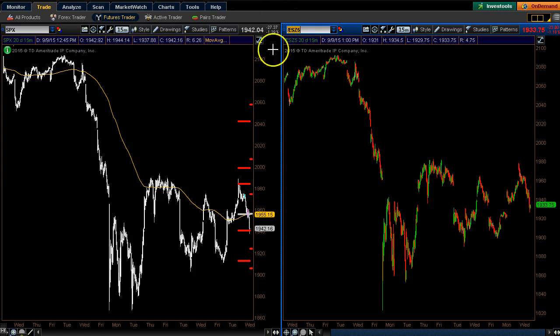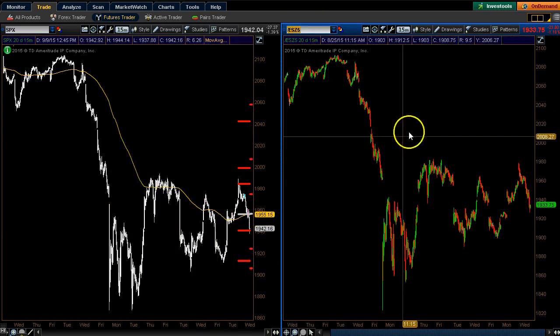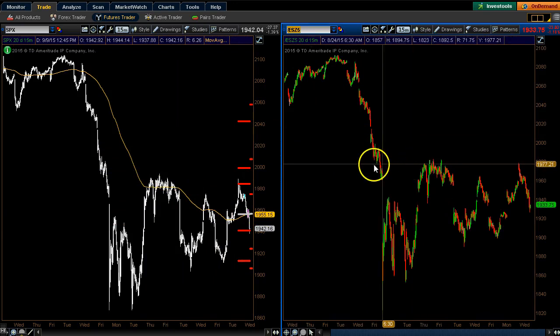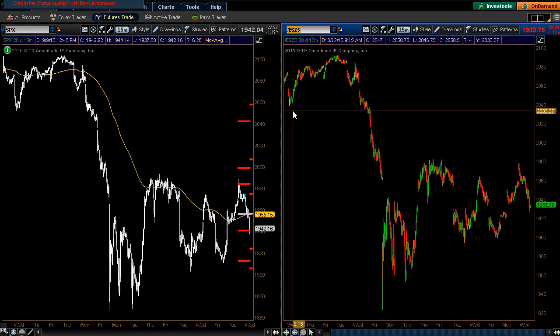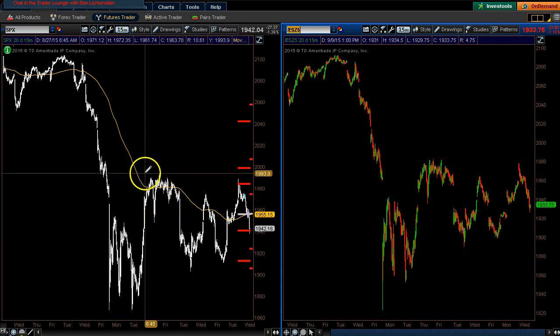Now, the reason I like to trade using the SPX charts in connection with the E-mini S&P futures is because this is always a regular trading hours chart only.